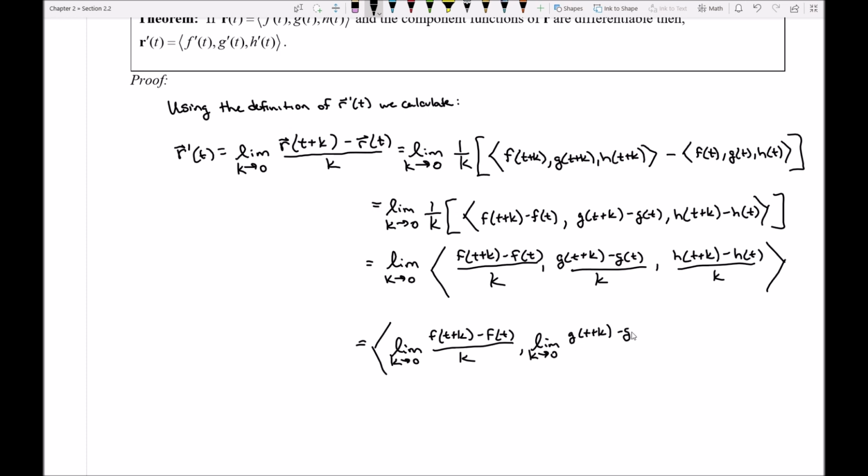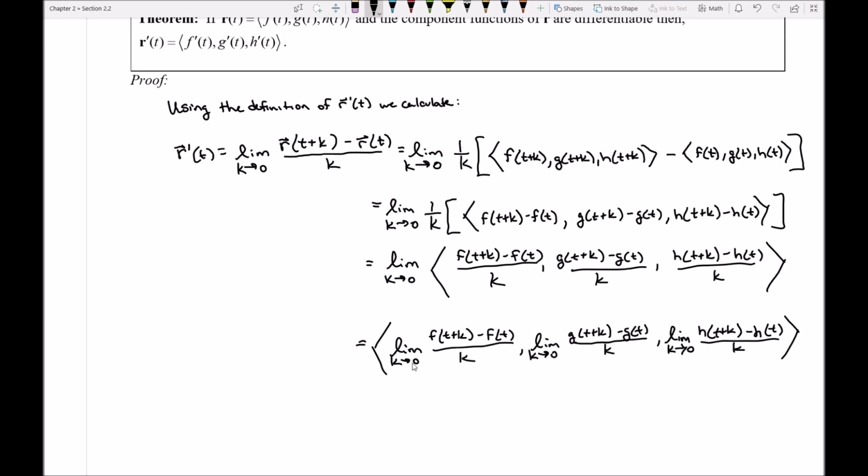Now, as you're writing this down, you can start to think about where in the world might I be able to go from here, because now I have 3 individual Calc 1 style limits. But even more than that, I think these limits are actually, well, pretty recognizable. I think we even talked about them in the last video.